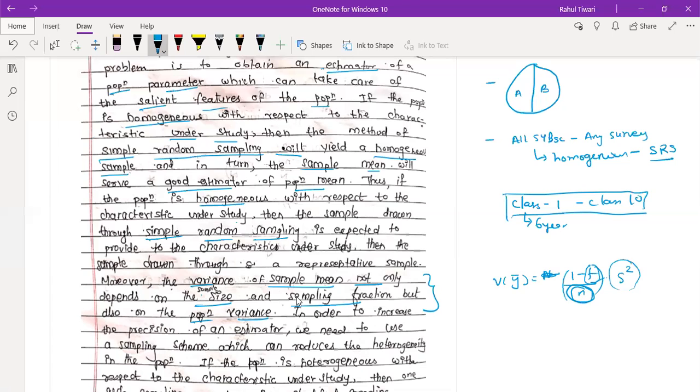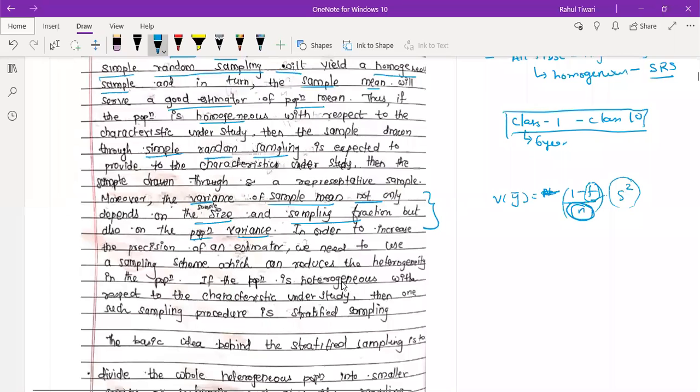So in order to increase the precision, to get the proper variance and understand the proper accuracy of that particular estimator, we need to use a sampling scheme which can reduce the heterogeneity in the population.